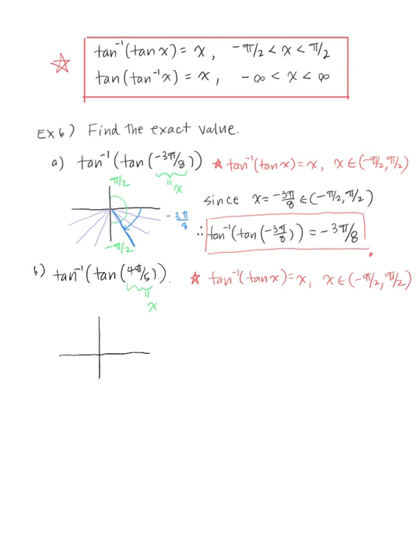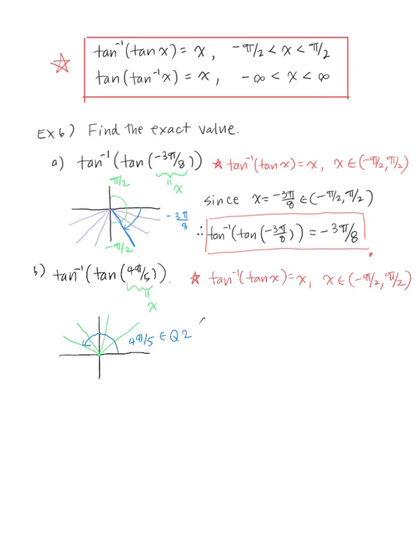Okay, so let me try to chop this out into 5 equal pieces. Pretend that they're equal. And then 4 pi over 5, you take 4 of them, so this is 4 pi over 5, which is in quadrant 2, so that means it is not inside of negative pi over 2 to pi over 2.